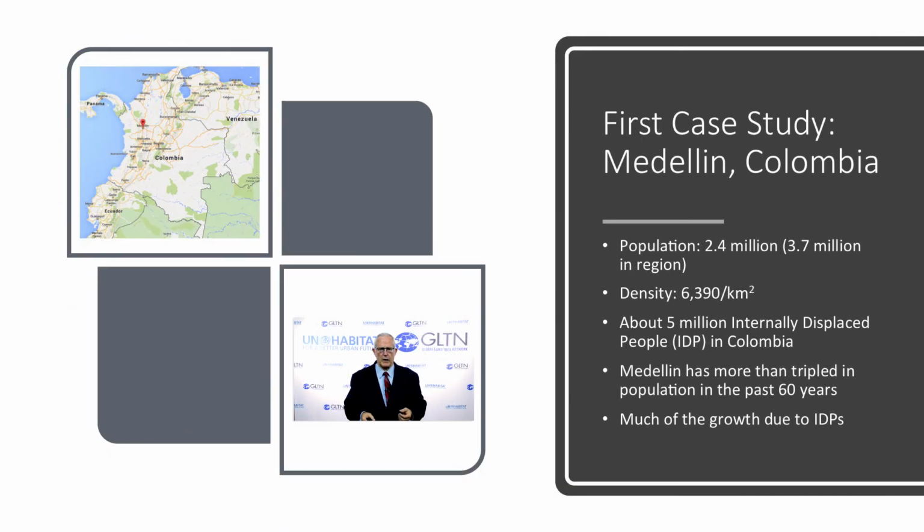The first is from Medellin, Colombia. Medellin is a city of about 2.4 million people. Density is just over 6,300 people per square kilometer. They have about 5 million internally displaced people in Colombia, and Medellin has more than tripled its population in the past 60 years. Much of that growth has been these internally displaced people.